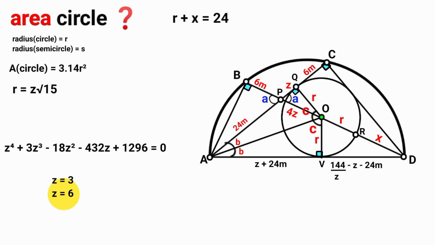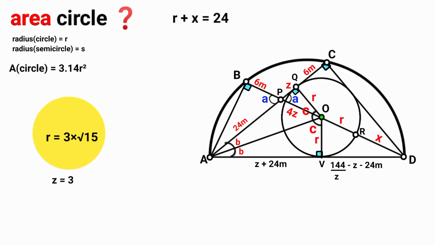And as for 6, if you substitute it here, 4 times 6 is 24. That is, the hypotenuse of this triangle is equal to that of this, which is impossible because this triangle is larger than this. So therefore, z equal to 3 is the right answer. Substitute it here, r equal to 3 times root 15.